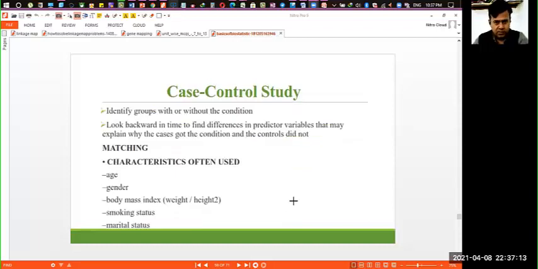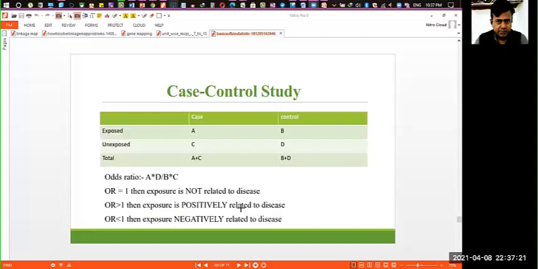Okay, so it can include many things like age, gender, body mass index, smoking status, marital status. Okay, so case control. For example, COVID-19 infection, if you want to study without doing any experiment, you can just plan, and then you can float a survey among the exposed persons and the unexposed persons, and you can count the number of cases against the controls.